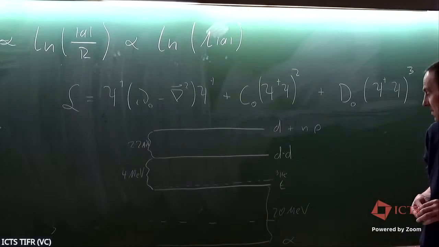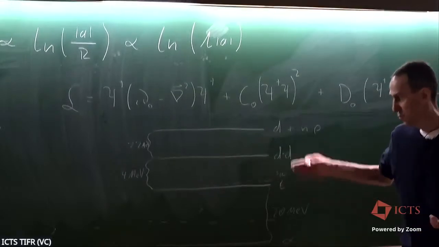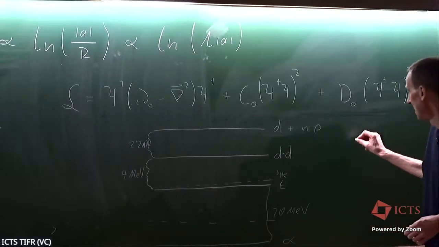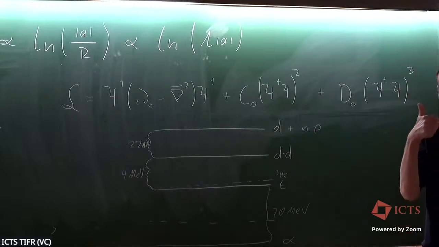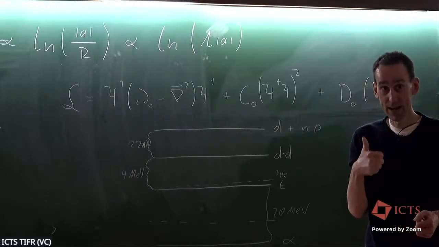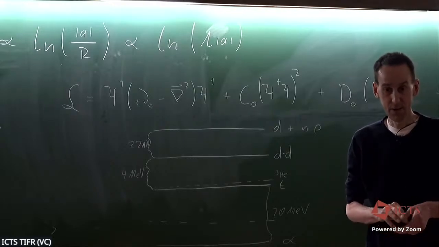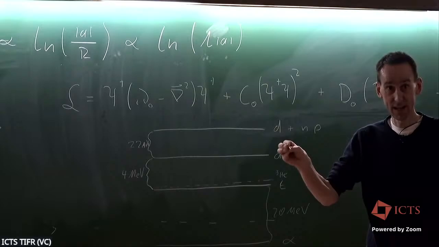But in general, this is the problem with bound states. Scattering is easier to tackle because you can always identify this one characteristic low energy scale, namely the relative momentum between projectile and target.